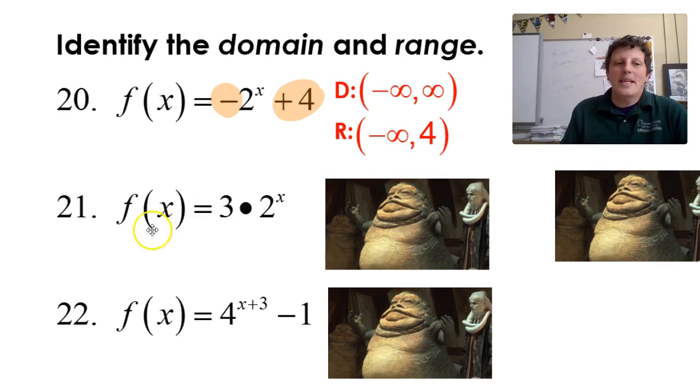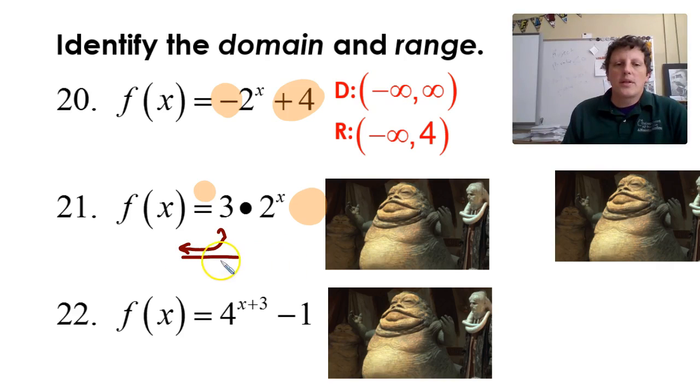In the next example, and by the way, these are not numbered correctly. I just didn't white them out or change them, so I'm just skipping around in numbers. We have a positive 3, so it does not reflect down. We also don't have a shift up or down for that asymptote. So since it's positive, that means that the function is essentially above the asymptote.